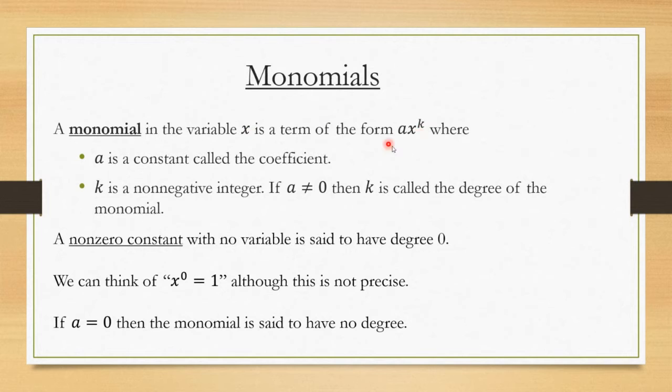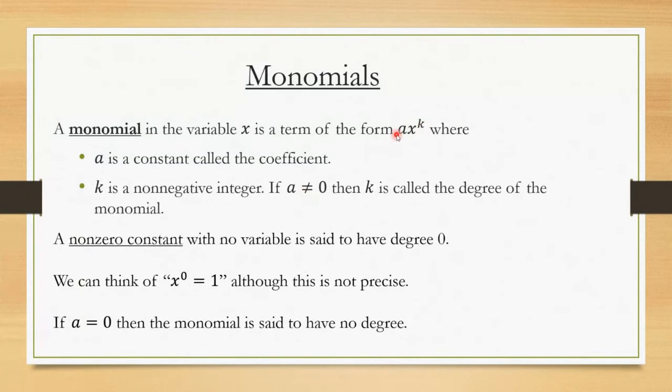So x is a variable. a is a constant, so it could be a number like 1, 2, -4, whatever. We call it the coefficient. k, this exponent, is a non-negative integer.